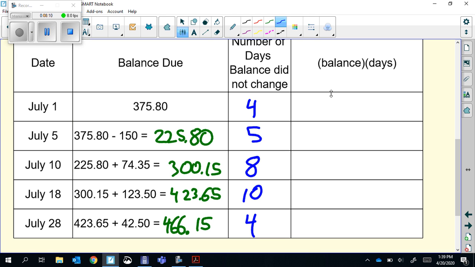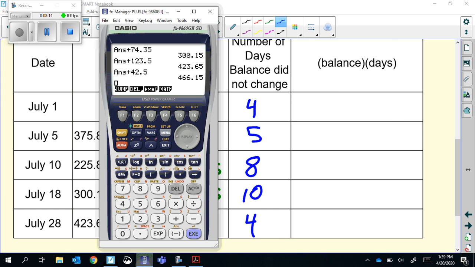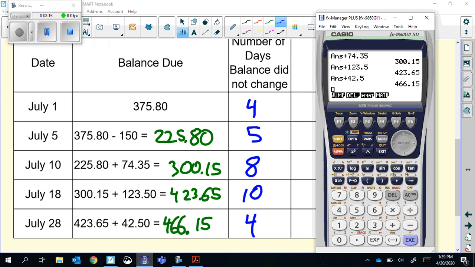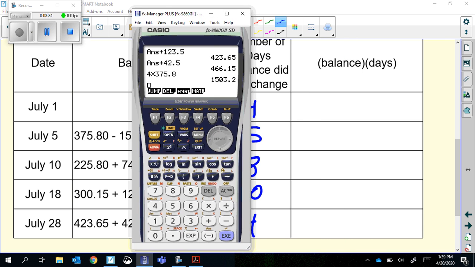So now we'll multiply the balance times how many days it had that balance, because that's how you're going to find out the average, because then we'll just divide by the number of days, which would be 31. So 4 days times the 375.80, that's 1503.20.